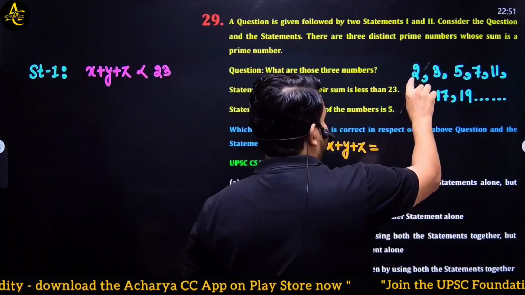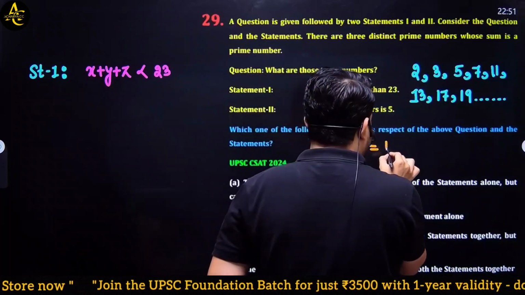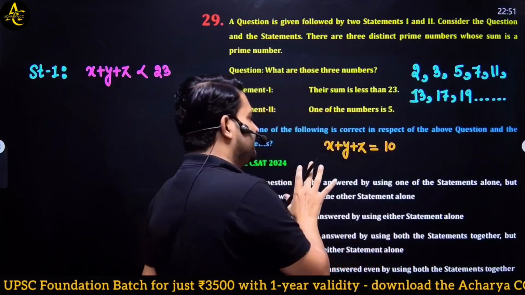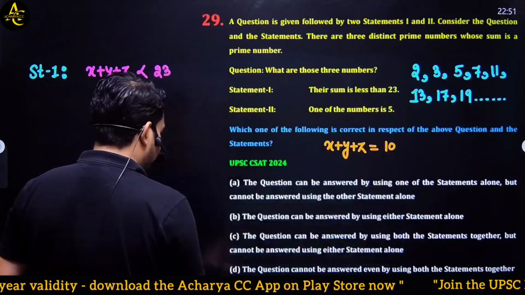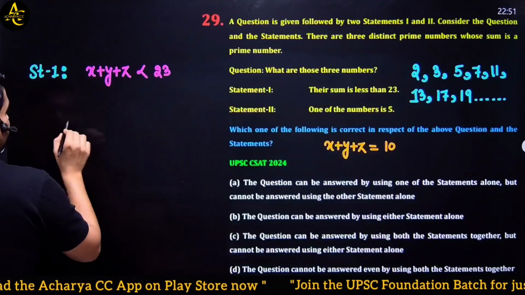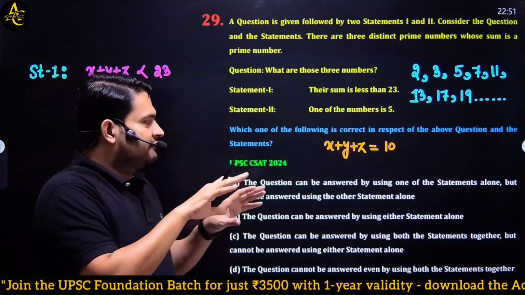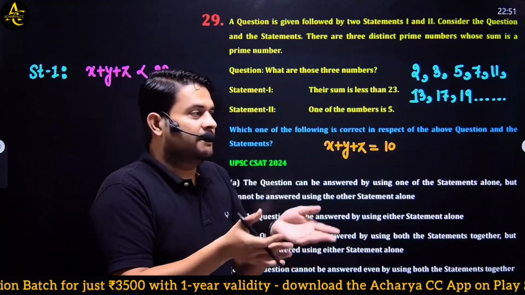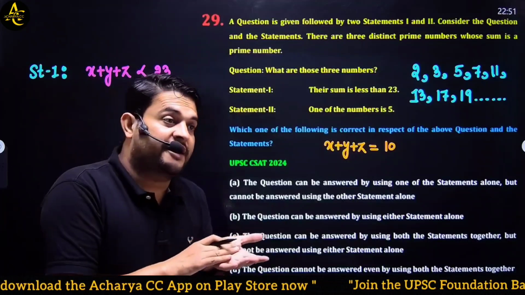This will come from the smallest numbers, 2, 3, 5, which is 10. So 10 can be the smallest sum, and this number is not a prime number. So I can write that the sum x plus y plus z is equal to a prime number. So the number should be either 10, but 10 is not a prime number, or greater than 10.